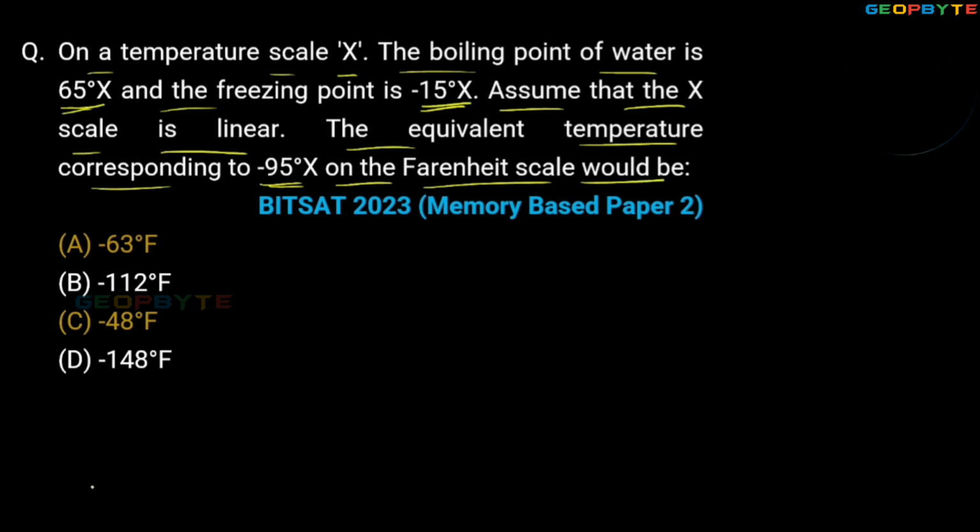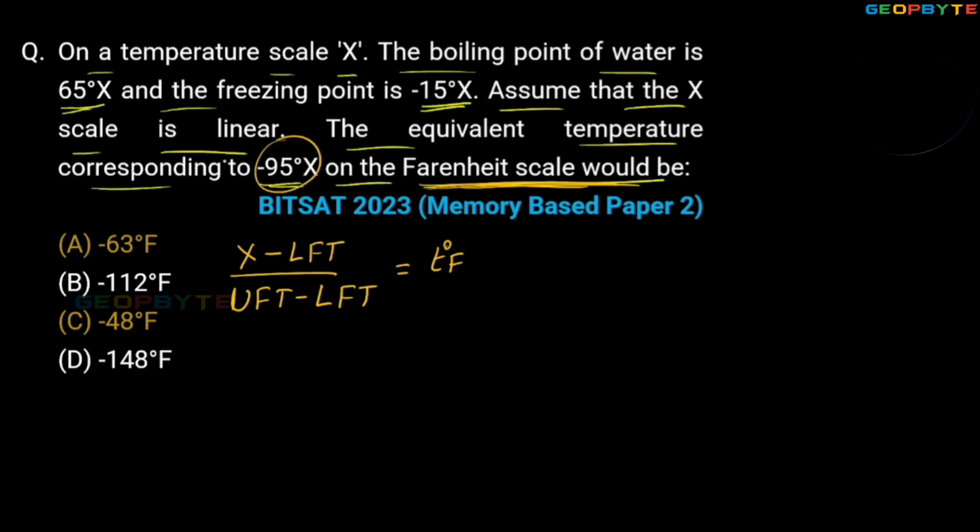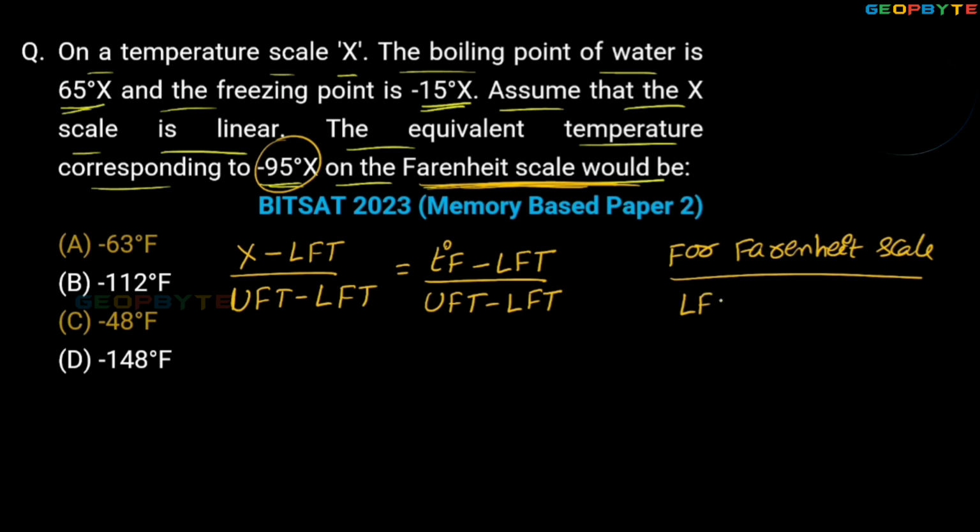For that, the relation between the different temperature scales is: reading minus lower fixed temperature divided by upper fixed temperature minus lower fixed temperature is the same in both scales. For the Fahrenheit scale, lower fixed temperature is 32 degree Fahrenheit, upper fixed temperature is 212 degree Fahrenheit.